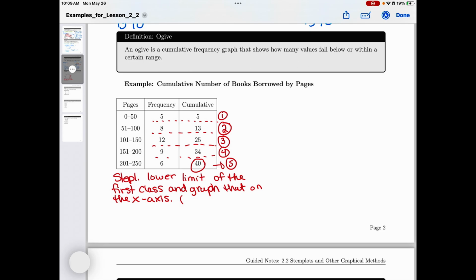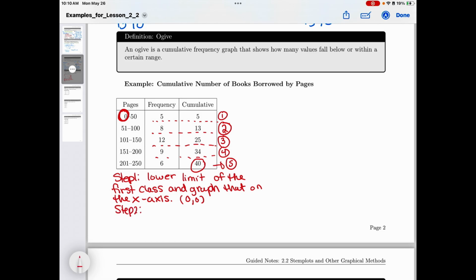So you should have, in this case, since the lower limit is 0 for the first class, the point 0, 0. So whatever this first value is right here, it should be plotted on the x-axis.